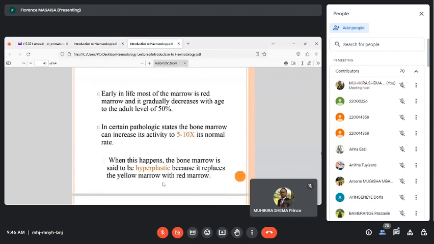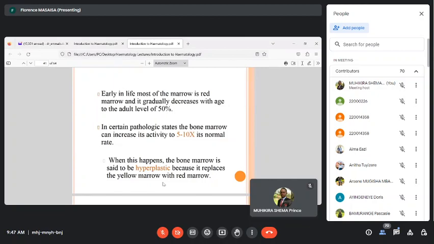As I said, the ratio between production and non-production is 50-50 in adult age, but that also means that in case of need, even the yellow marrow, which is not producing, may become active and produce cells. So we call it hyperplastic bone marrow when there is a condition causing the yellow bone marrow to be active and also produce blood cells.